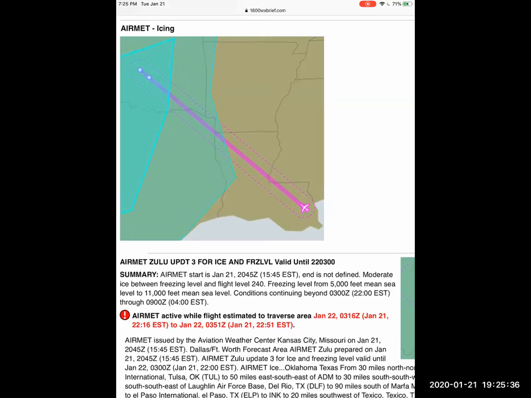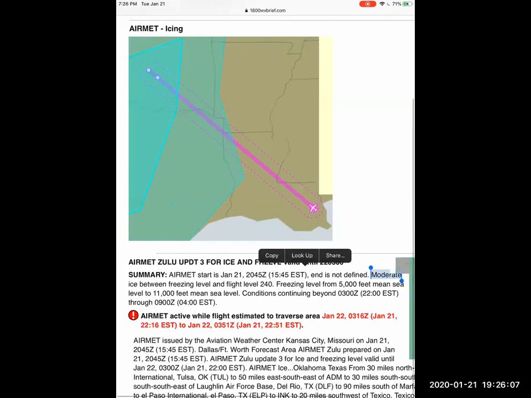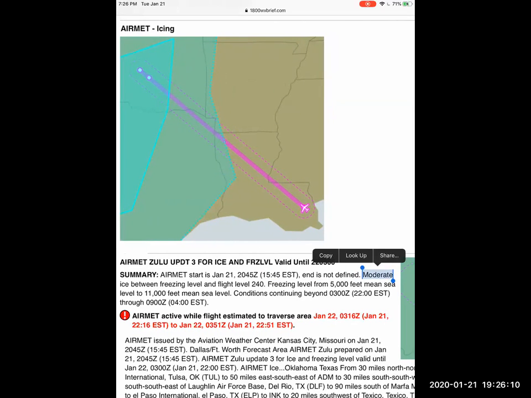Let's get some details, because even though you fly into the graphically depicted area, when it comes to icing we also certainly need altitudes for both the freezing level as well as the forecast icing potential. Good news is if you're flying VFR, if you stay out of visible moisture, then you shouldn't have to worry about icing. But if we look at the summary, airmet start, same time frame, end is still also not defined, and it's forecasting moderate icing between the freezing level, whatever that may be, it varies from place to place, and as high as flight level 240 or 24,000 feet.